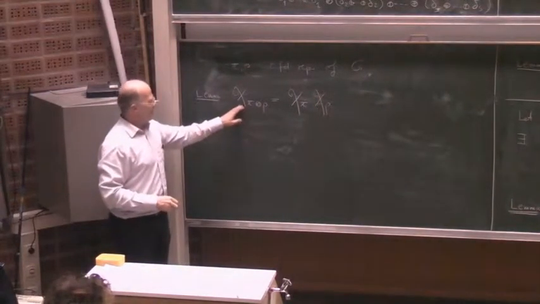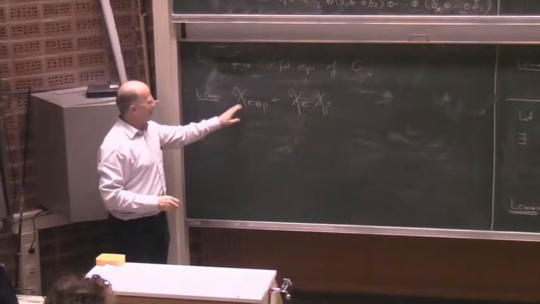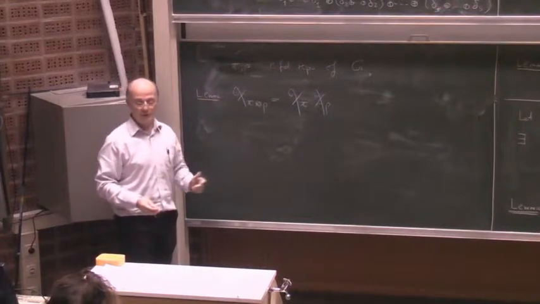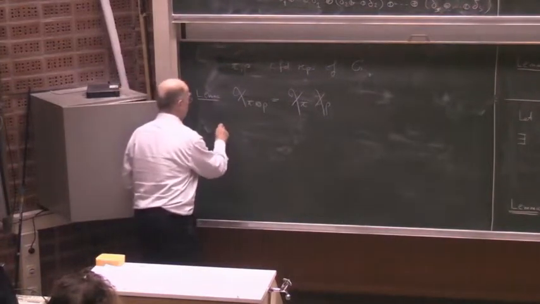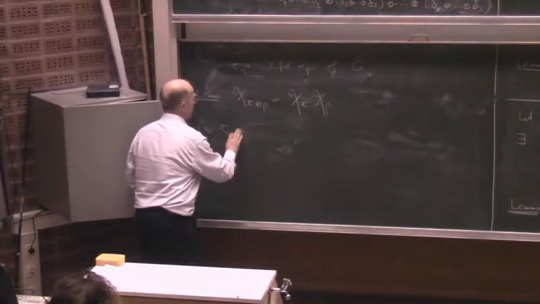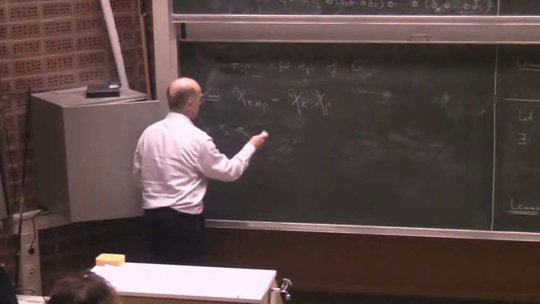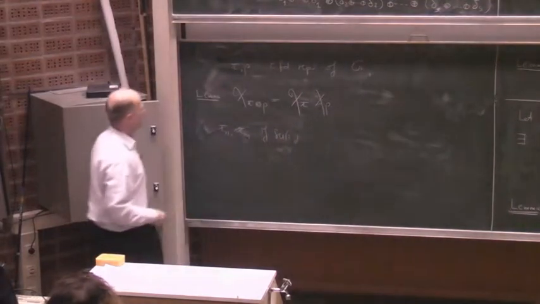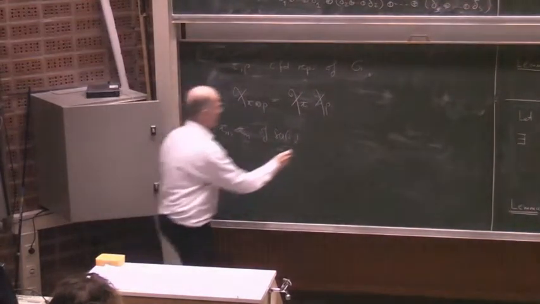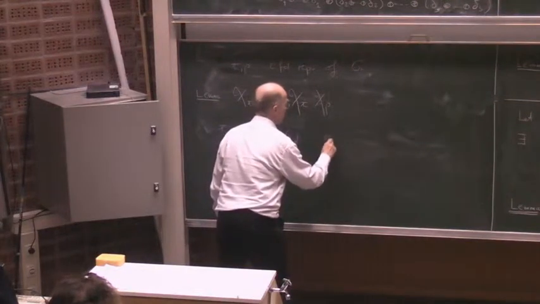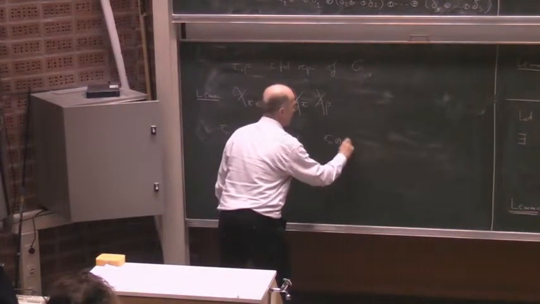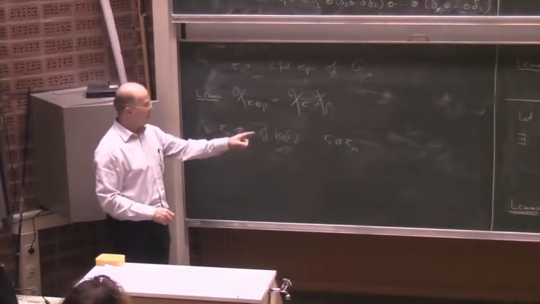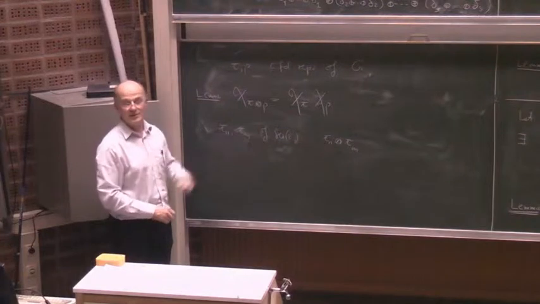But now there is a very nice application of this. If we have, for instance, the two representations pi n and pi m, two representations of SU2, then what we can do is try to decompose this into irreducibles, meaning decompose it into the pi n's.